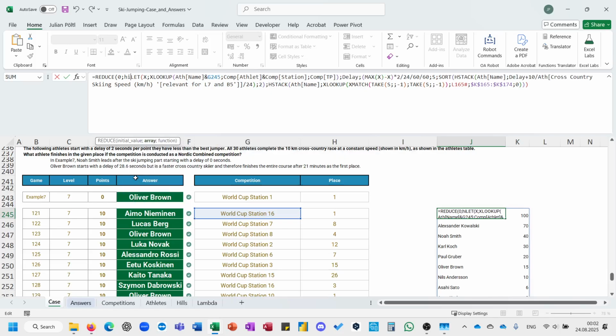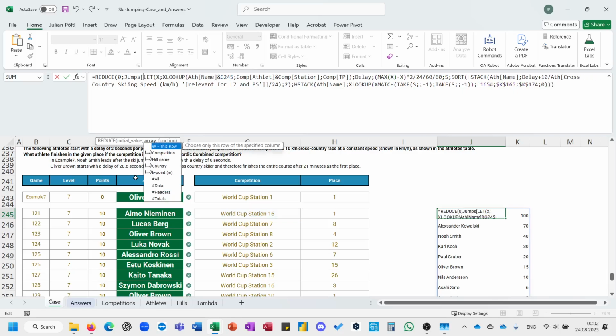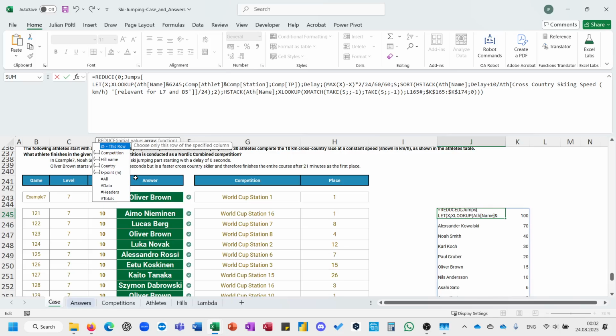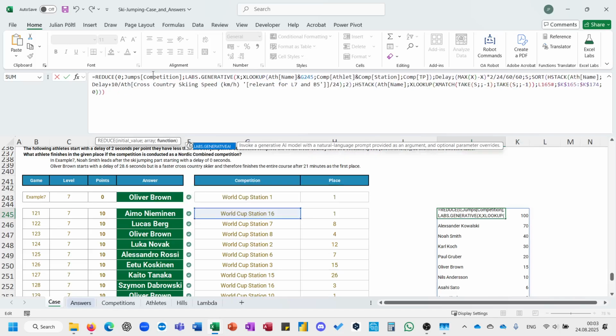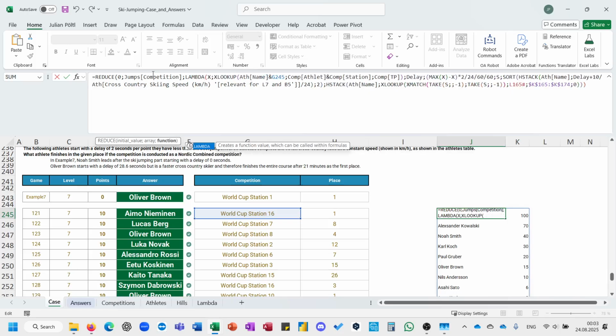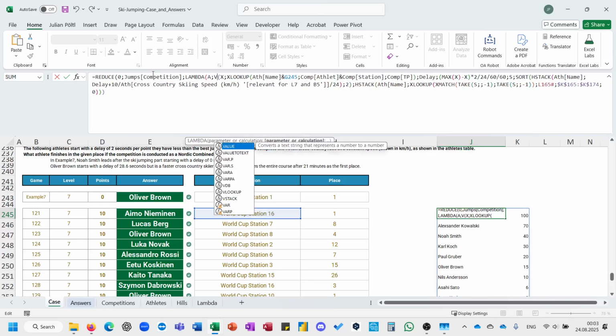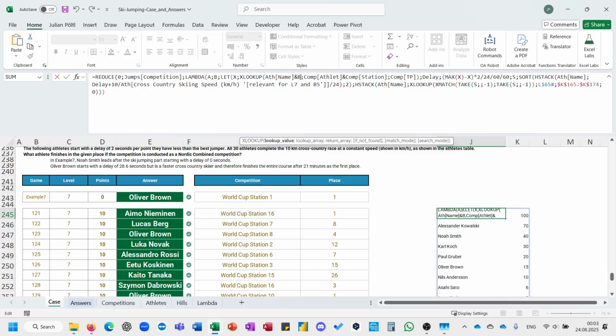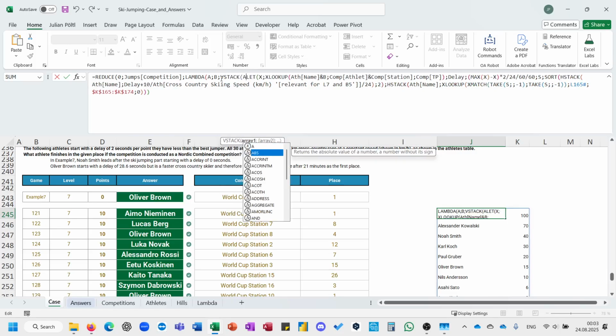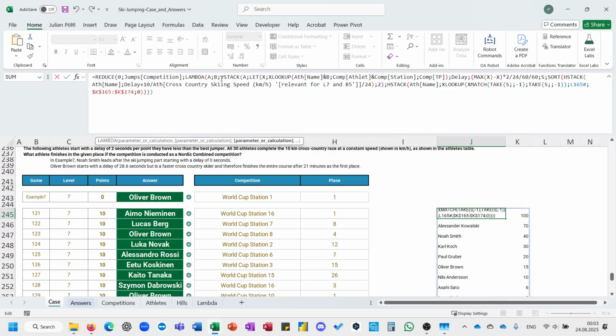I think for hills, or jumps, there is the competition written in there. Lambda A B, and this is then B, and I want to VSTACK A and the remaining stuff.